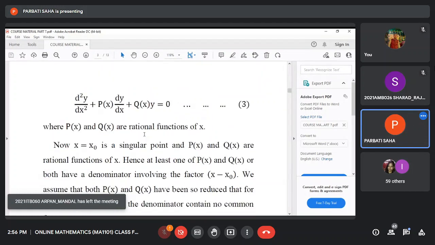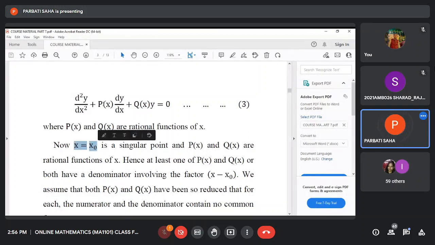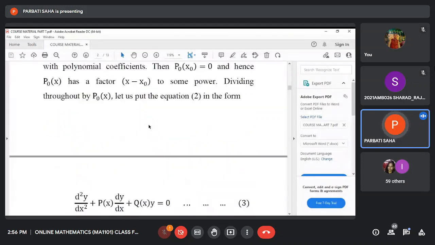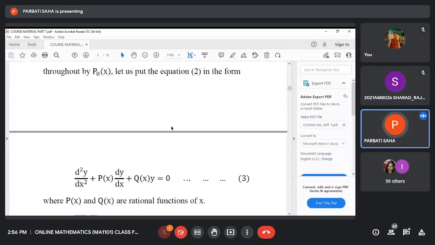Then x equals x0 is a singular point, and here p(x) and q(x) are rational functions of x, because p(x) is P1(x)/P0(x) and q(x) is P2(x)/P0(x).